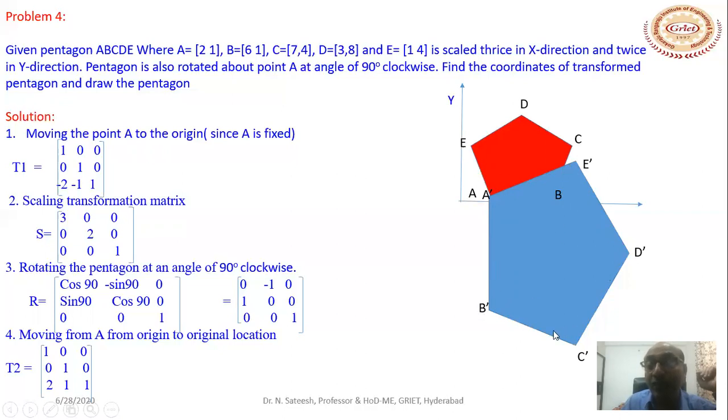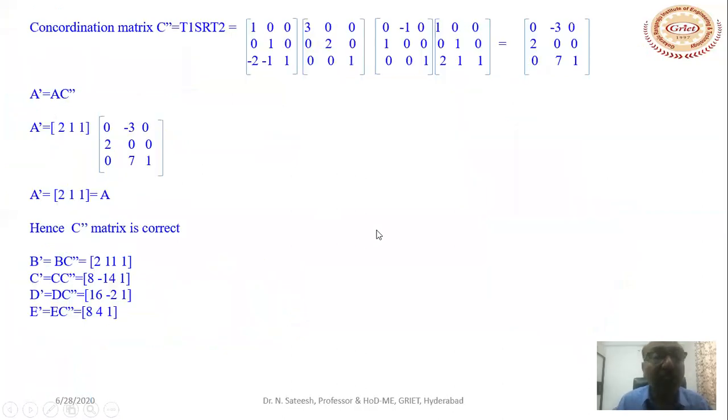So these are the transformation matrices. Using this matrix multiplication, we can use these transformation matrices for scaling, translation, and rotation, and write down the programs. Use those programs for the background of CAD software development.